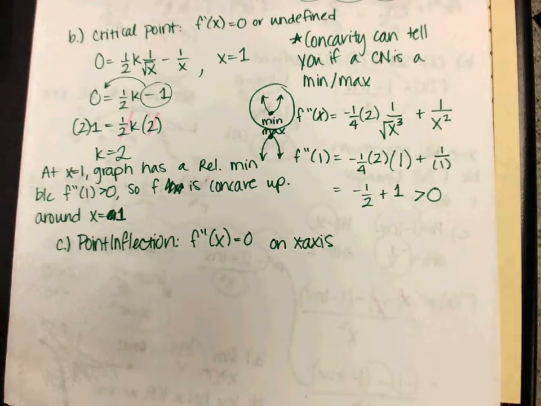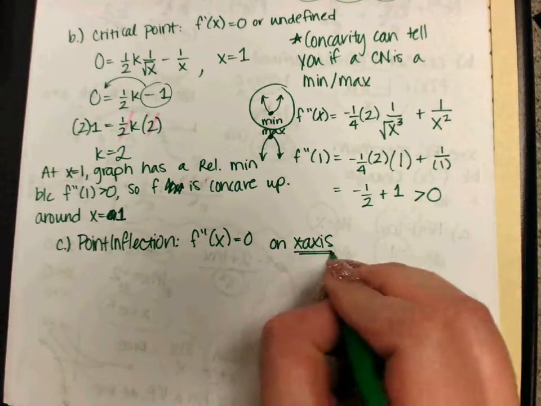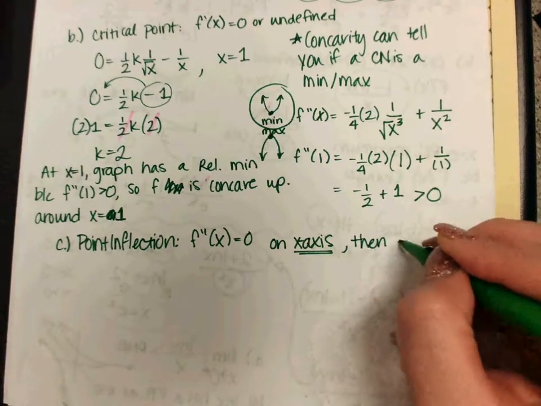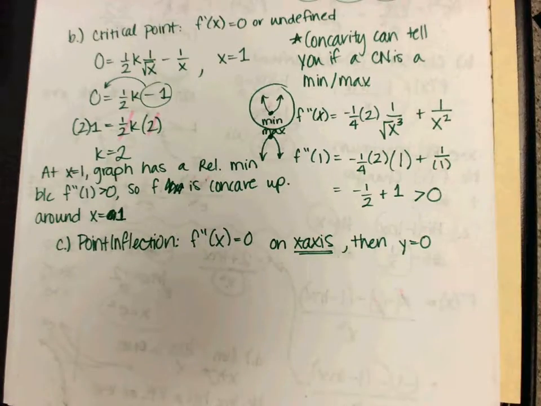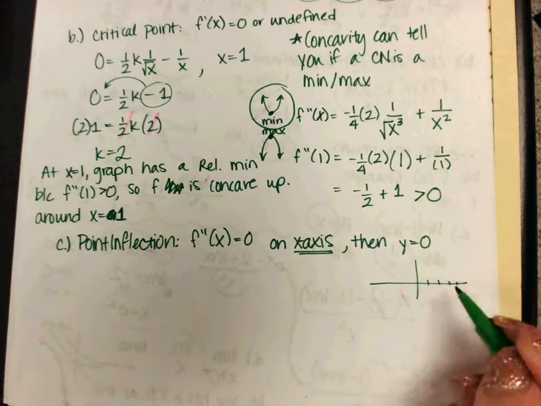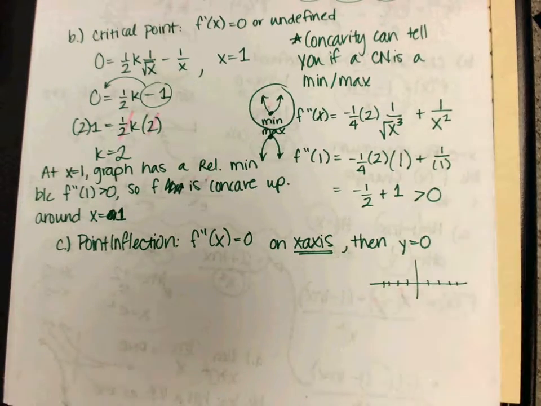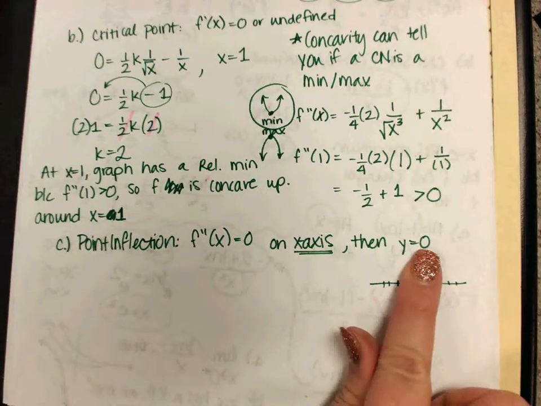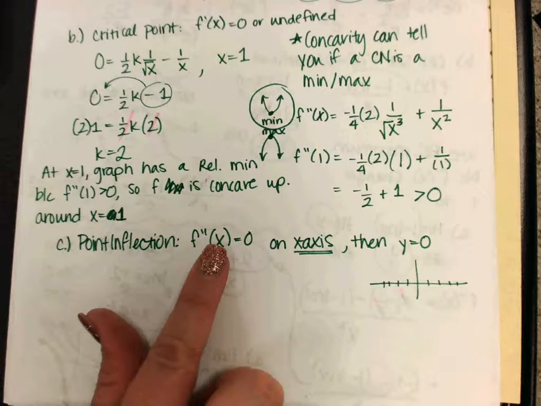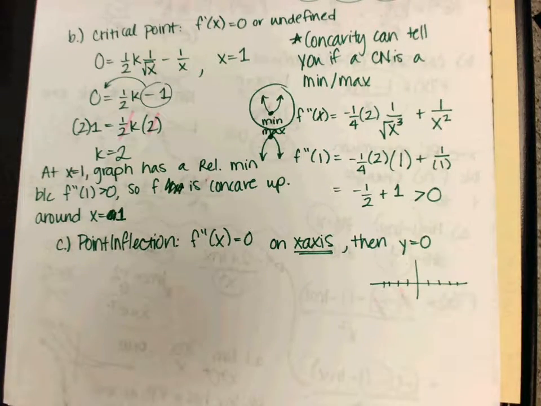Okay, well I want you to think about that. If I'm on the x-axis, that means that my y value has to be what? Okay, hopefully you know 0. Because think about it, if I'm staying on the x-axis, any one of these points is going to have a y value of 0. So I know that y has to be 0, and I know that f double prime has to also be 0.